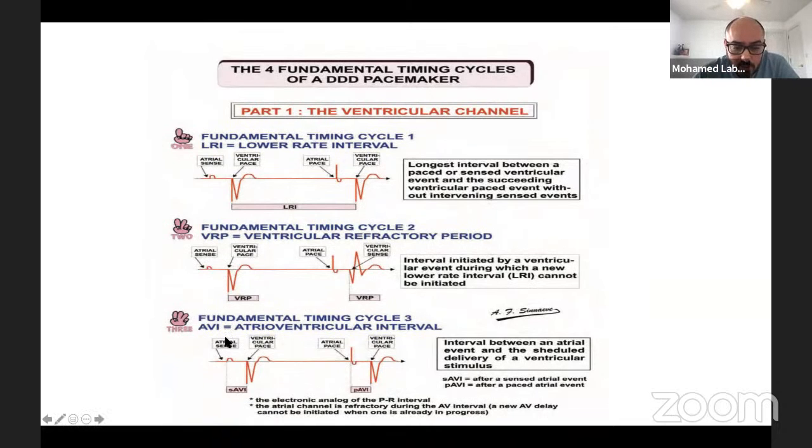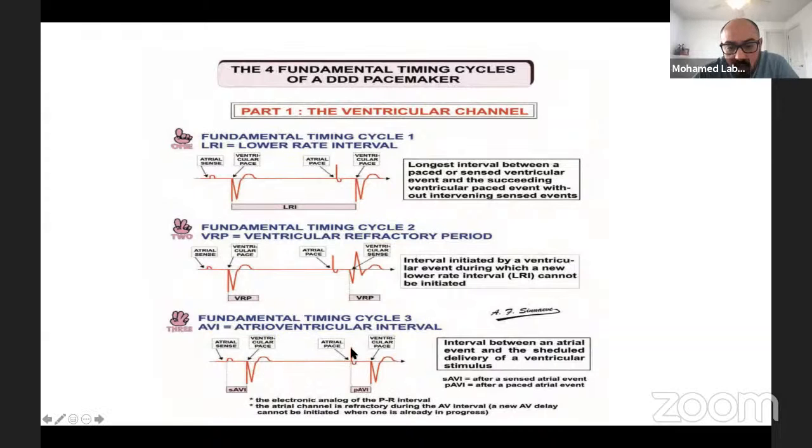The third concept, we kind of touched on it in a previous example, is the atrioventricular interval, which is the duration that you set up the device to wait from an atrial event to a ventricular event. So you tell the device, I want you to set up a sense AVI, and you can have a sense AVI and a paced AVI.